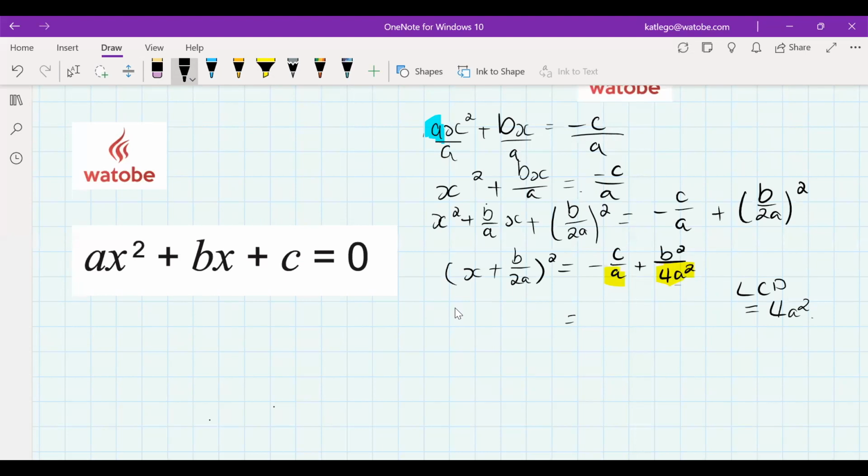So here we're going to have to multiply by 4a, and then you're going to have negative 4ac, because you just multiplied by 4a. Negative 4ac plus b squared over 4a squared.